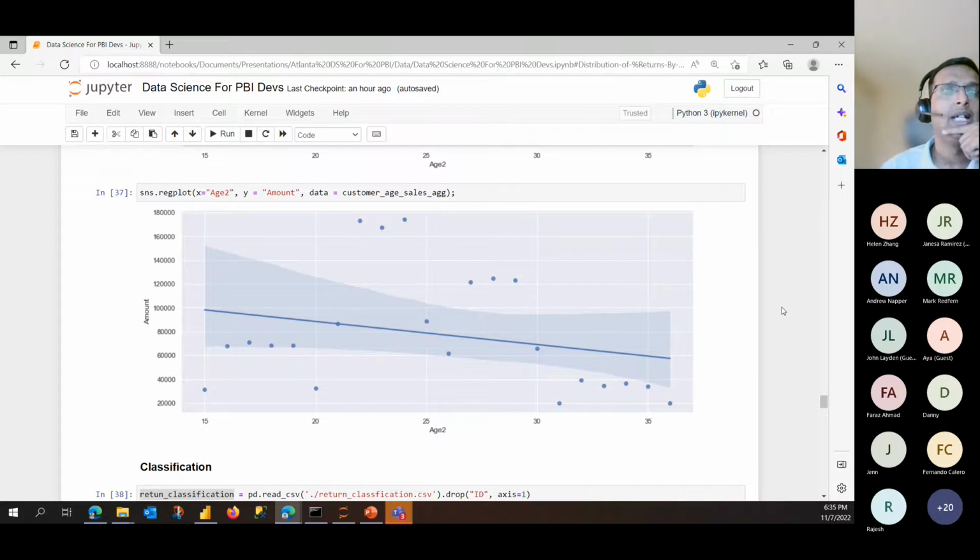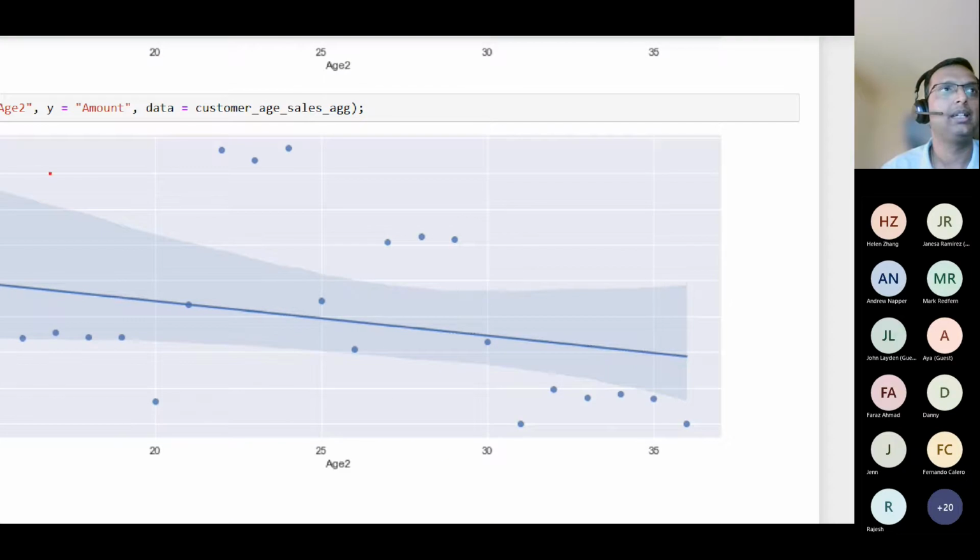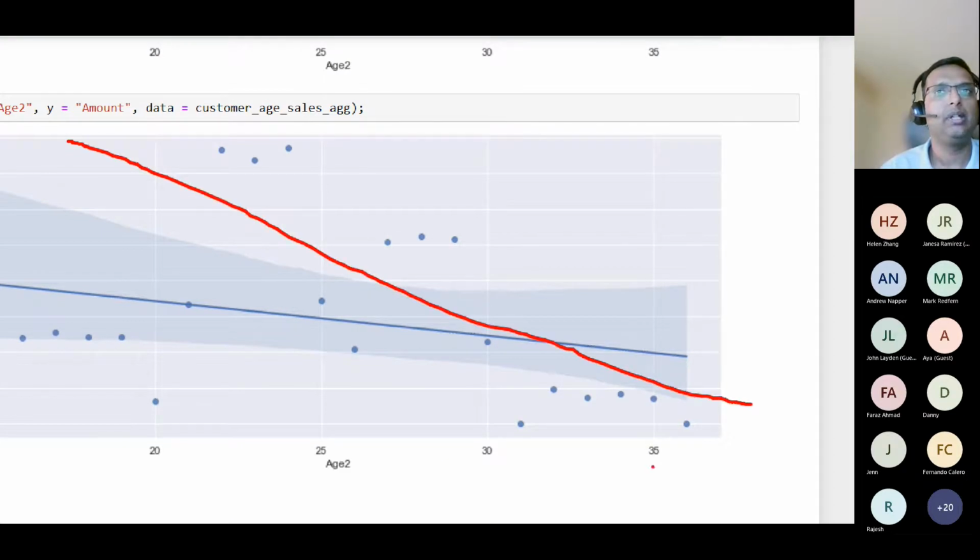So the direction here is negative, meaning we have a negative correlation between age and the amount. The second is the overall slope of this line. If it was going steeply, then we would be saying that if the person is 35 years old, then he would be spending significantly less than a person who is 20 years old.